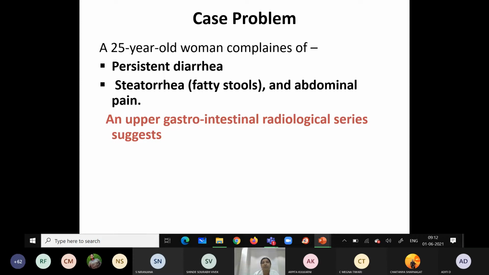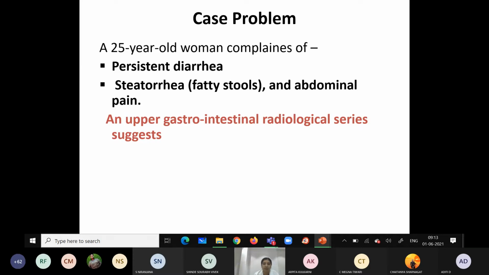If such a patient comes with these complaints, how should you go about it? The first thought that should come to you is that there must be some problem in her pancreas, right? Because she does not have fever, vomiting, or any swelling or abscess. She complains only of diarrhea, and fatty stool is a hallmark that points exactly towards the pancreas, then the abdominal pain.